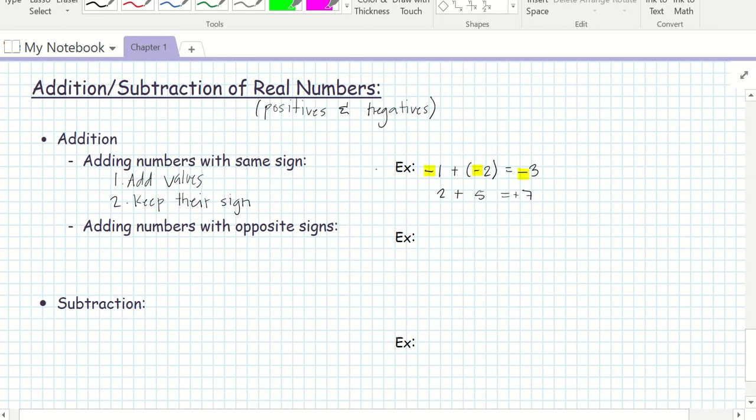Okay? Now what happens when we are adding numbers with opposite signs? Well, if we're adding numbers with opposite signs, we have to first find the difference of the numbers. In other words, subtract them. And then the second step is to keep the sign of the greater value.